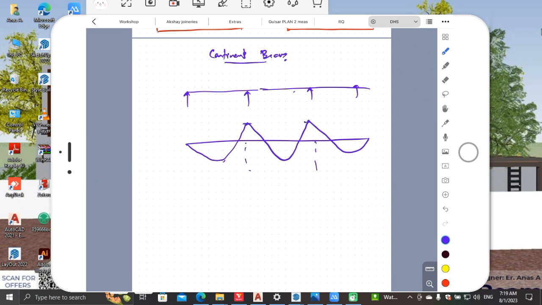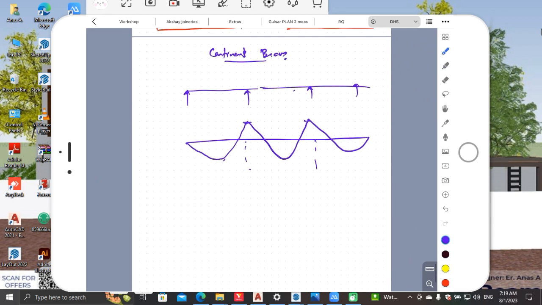So where we are giving the tension reinforcement, or where we are giving the reinforcement is to resist this bending moment, and we will be keeping the reinforcements. This is the longitudinal section. We have to give the reinforcement here, at the bottom portions.